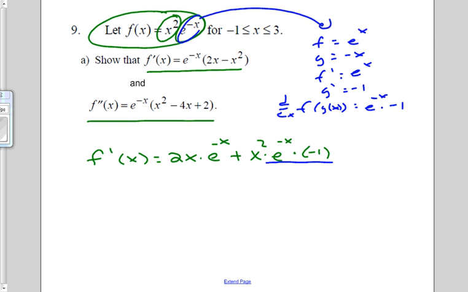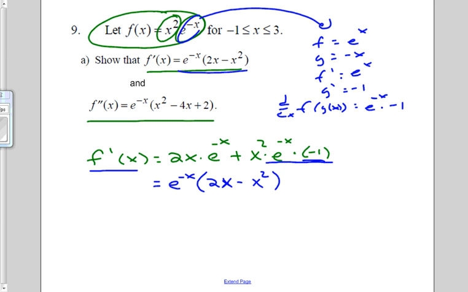Okay, so when we want to show that this equals that, all we need to do is factor out an e to the negative x. And I forgot about this minus sign, so this really should have been a minus.